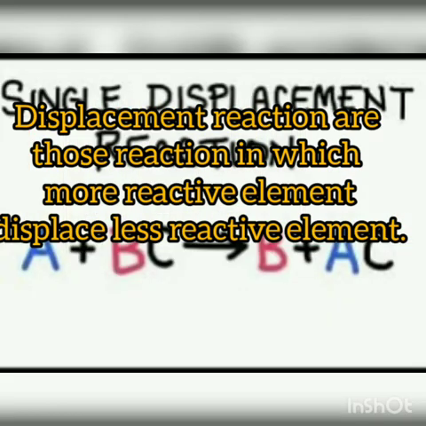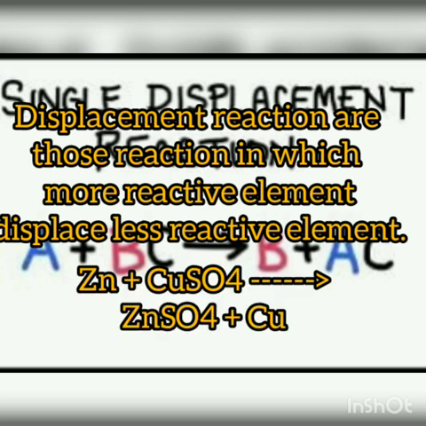Displacement reaction. A displacement reaction is a type of chemical reaction in which a more reactive element displaces a less reactive element, like Zn plus CuSO4 gives out ZnSO4 plus Cu.